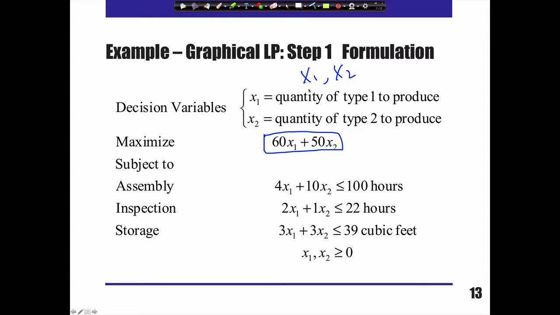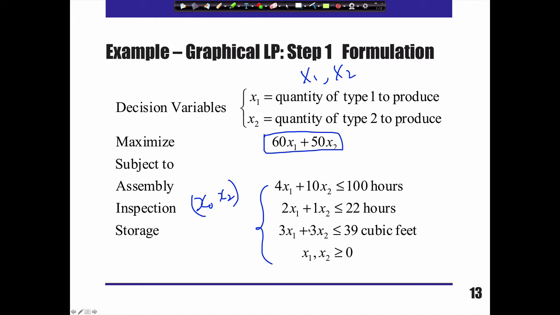So why do we worry about x1 and x2? Because my choice of x1 and x2 must satisfy all these constraints. So the only possible candidates are the combinations of x1 and x2 which satisfy all these constraints.